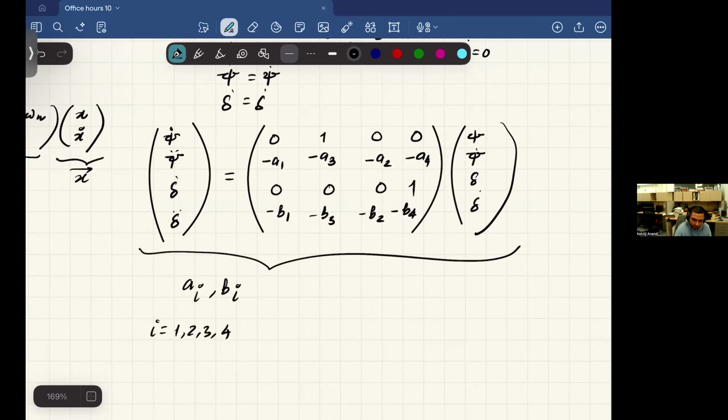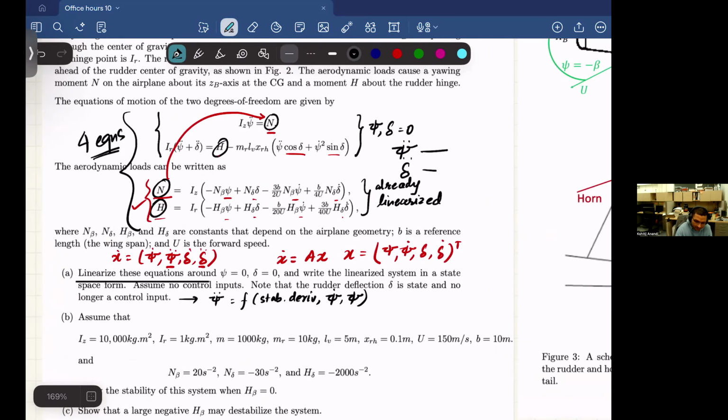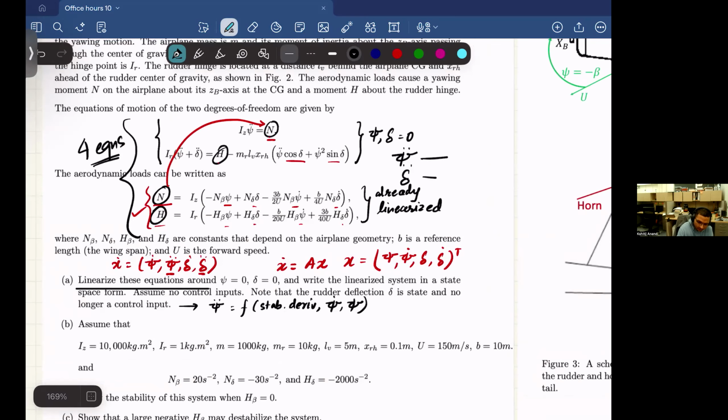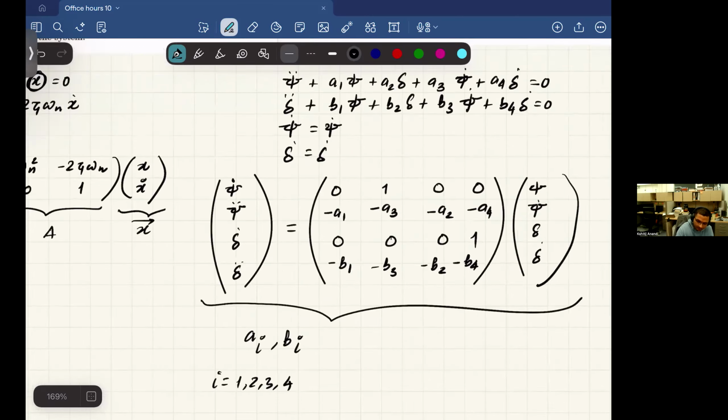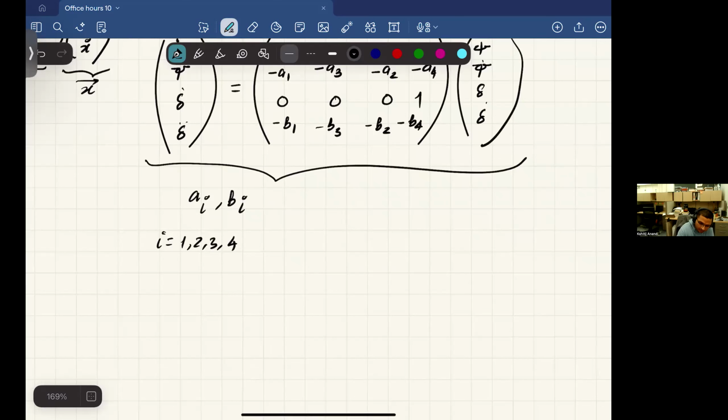By now you should have understood that when you write the equations of motion, your coefficients are going to contain these terms, n beta, n delta, and so on. Do you get this part? So what are Ai and Bi? Ai and Bi are going to be combinations of your stability derivatives and other system parameters.